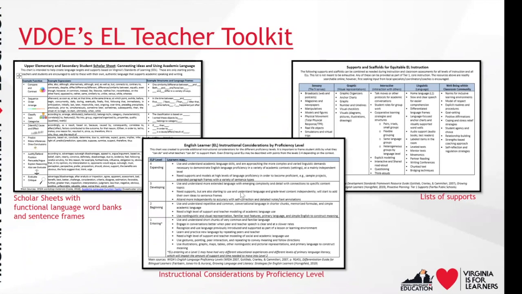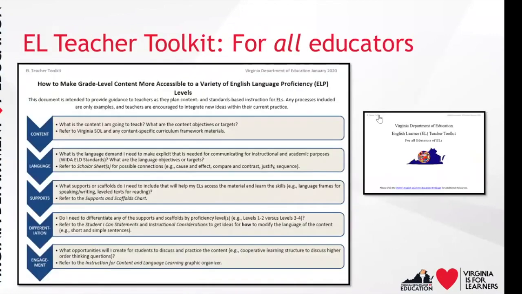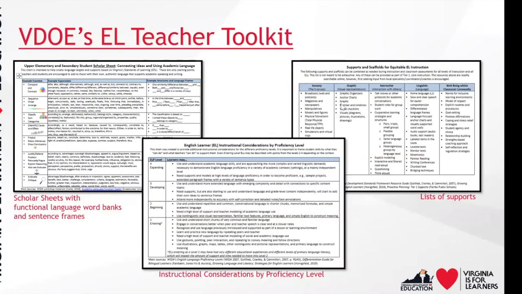And then you have the example supports. Over on the right-hand side, you can see a screenshot of that page of the different kinds of supports that we can put into place to help students access that grade level text and content. And then again, that webinar on academic language in English language arts gives examples of these supports.